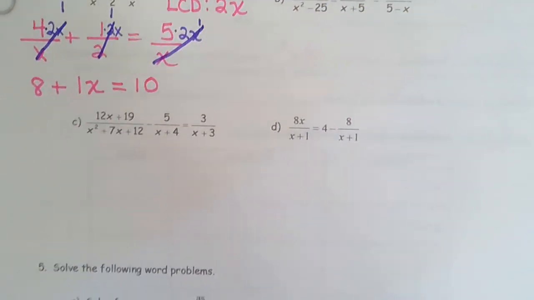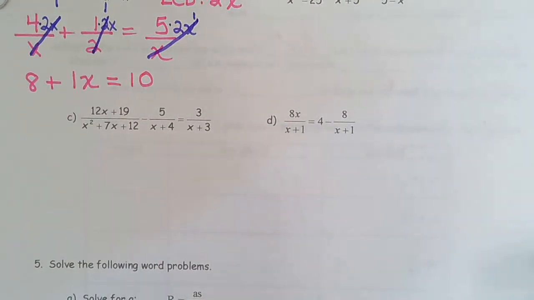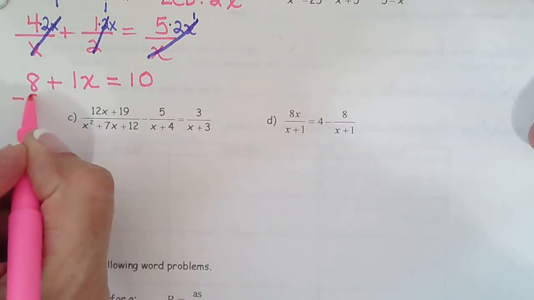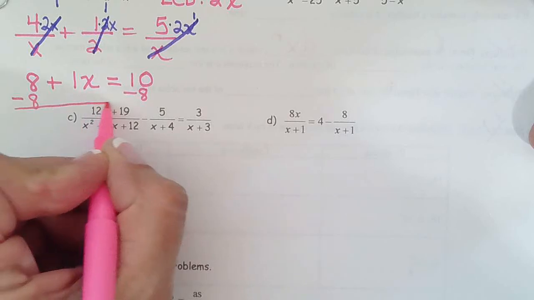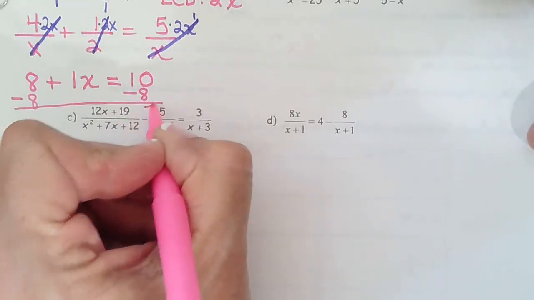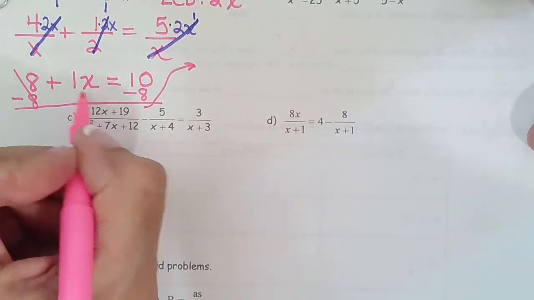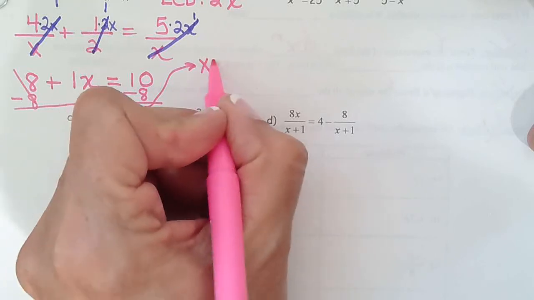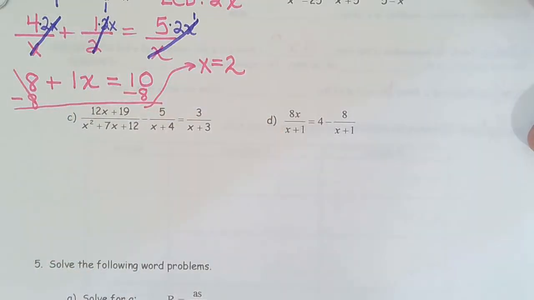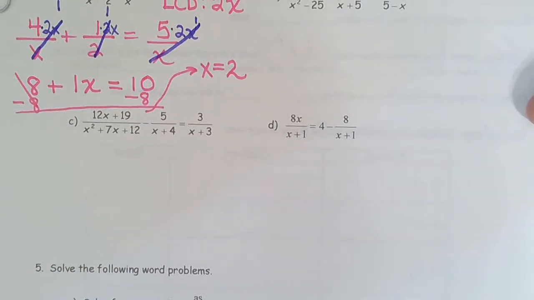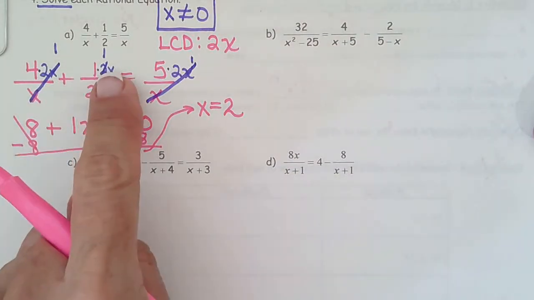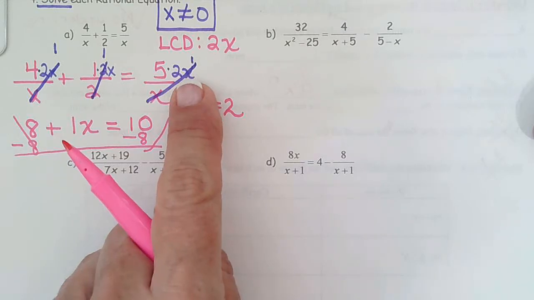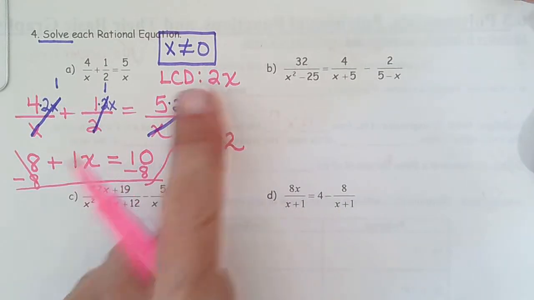I solve for x, so we learned how to solve for x. You take everything that doesn't have an x over to the other side, and that leaves us with 1x, which is just x, equals 2. Easiest problem ever. So multiply every term, fraction or no fraction, by the LCD.